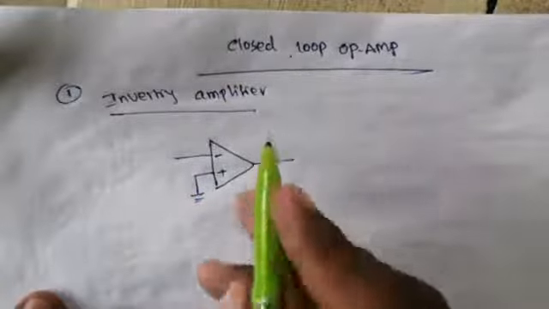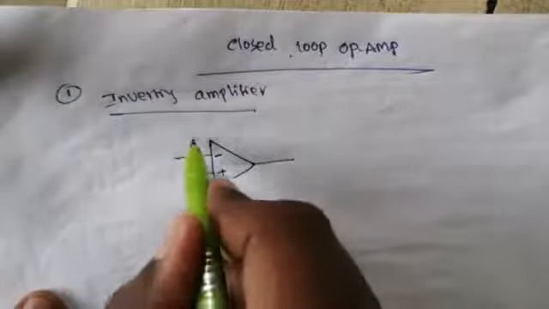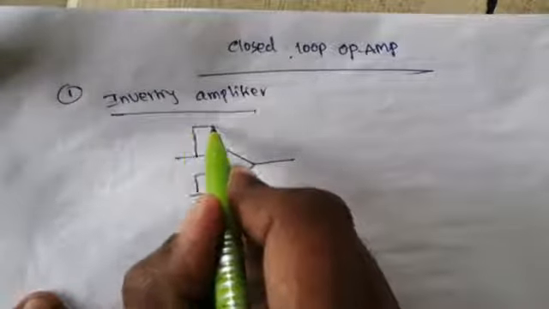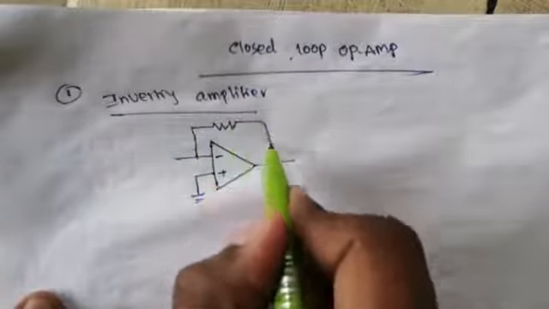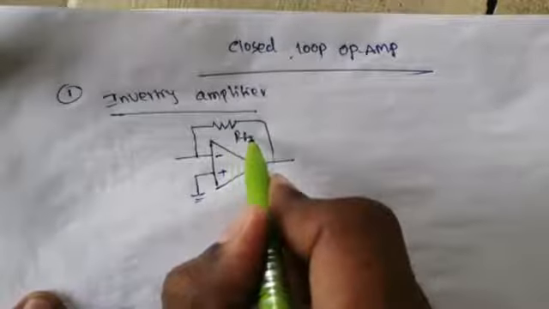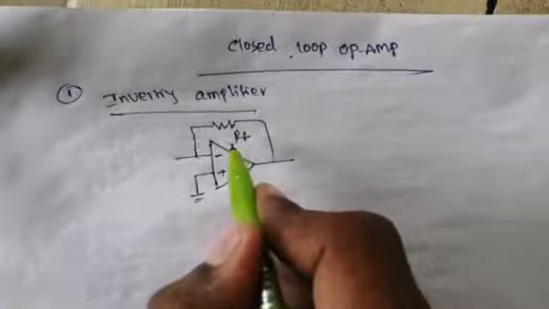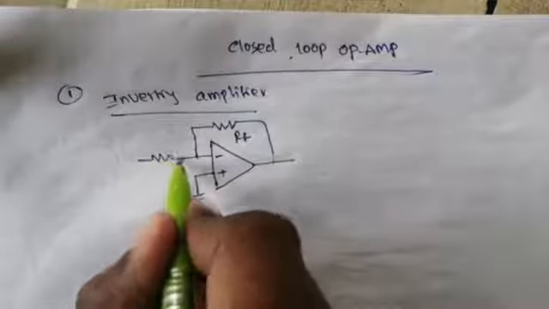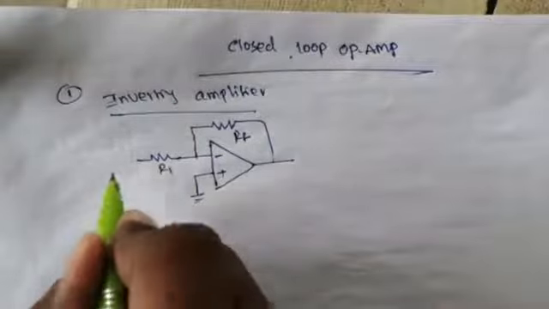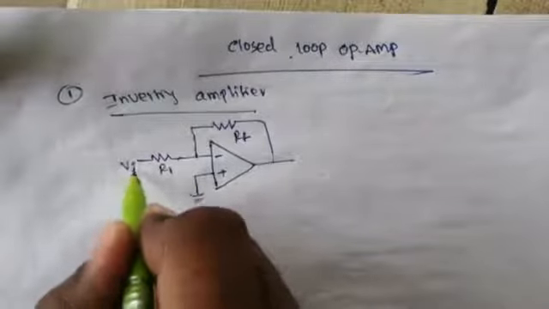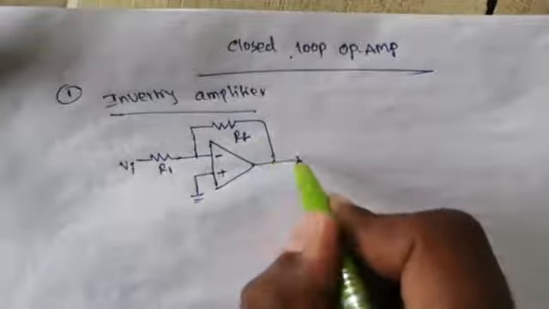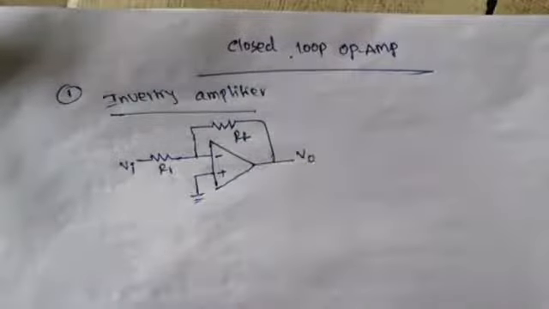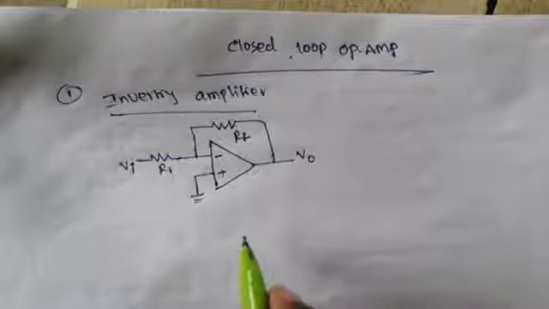Closed loop means feedback. The output is fed back to the input through a resistance called the feedback resistance, RF or R2, whatever you like, you can call it RF. Then the input side resistance will be R1. Here you apply the input voltage Vi, and the corresponding output voltage is V0.